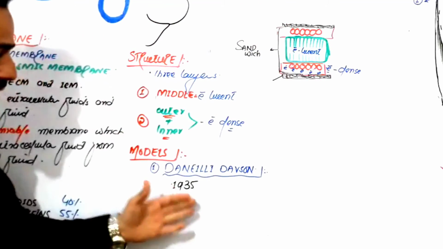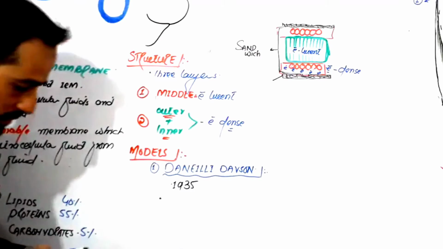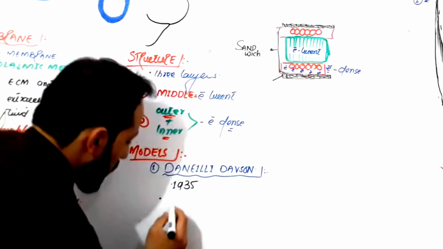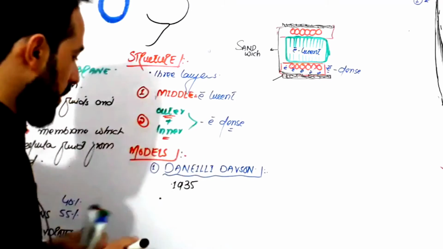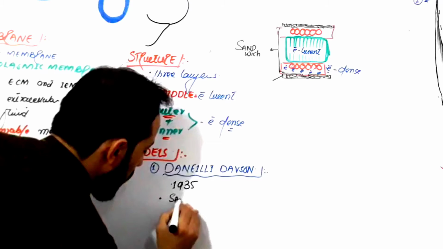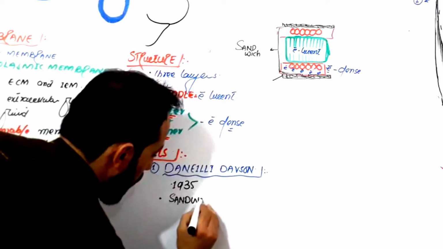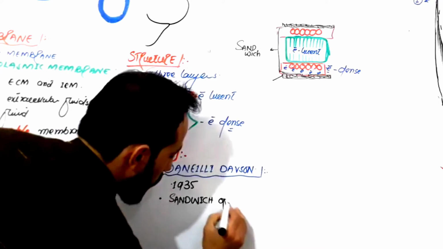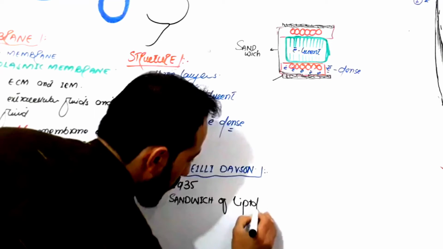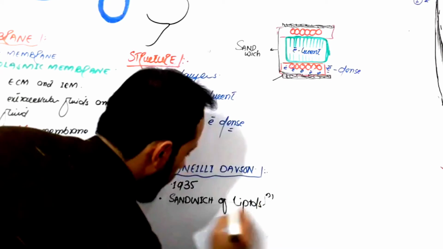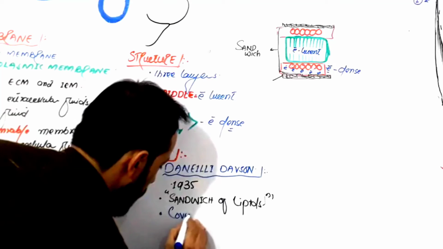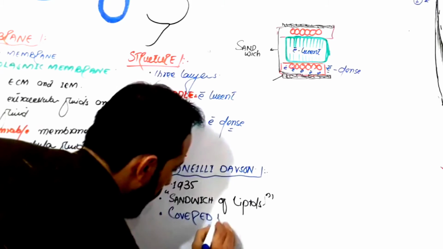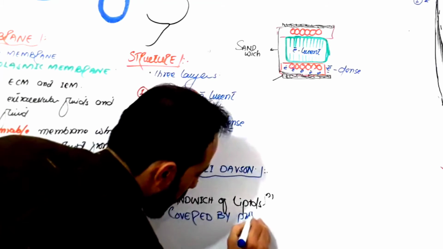So this is called the Davson-Danielli model. They say that the cell membrane is a sandwich of lipids covered by proteins.